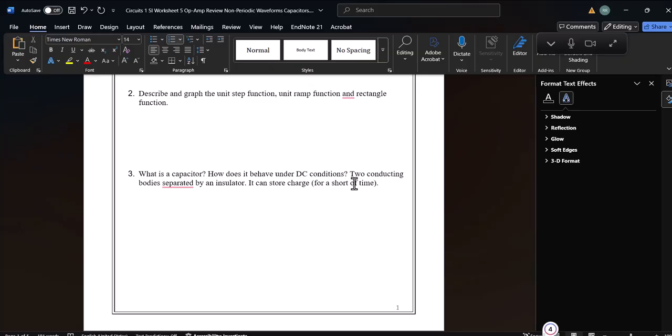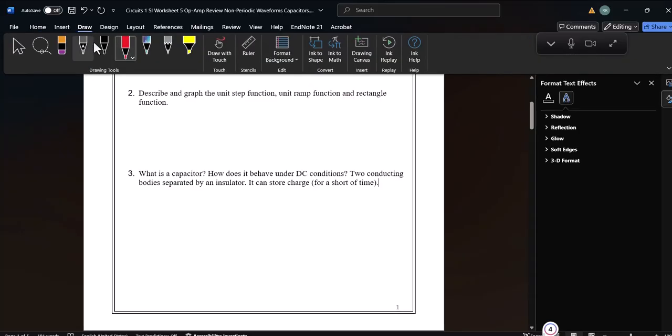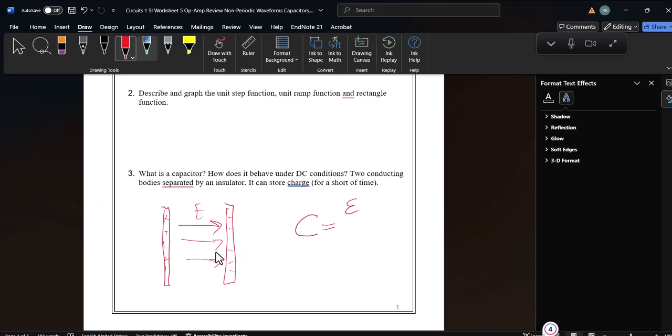And the most common type of capacitor is a parallel plate capacitor. In a parallel plate capacitor, one side is positively charged, the other side is negatively charged, and there's an electric field in the middle. The parallel plate capacitor has a capacitance equal to the permittivity constant. Y'all remember that permittivity constant from physics?